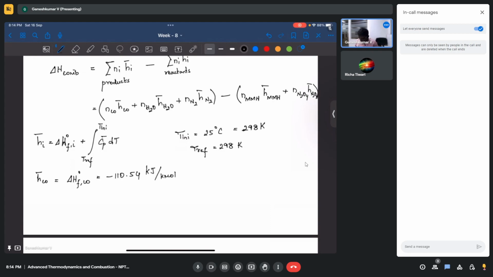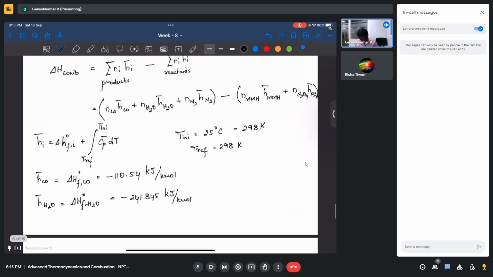And similarly, H bar of H2O is just the formation enthalpy for now, equal to minus 241.845 kilojoules per kilomole.